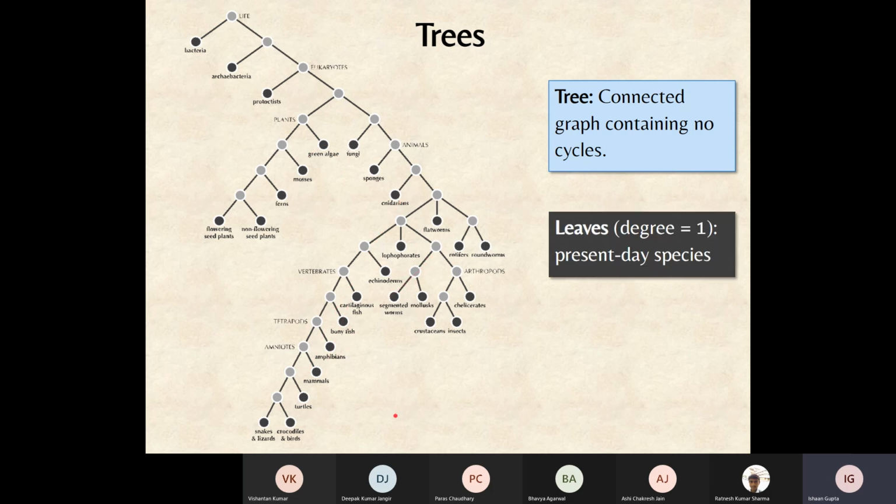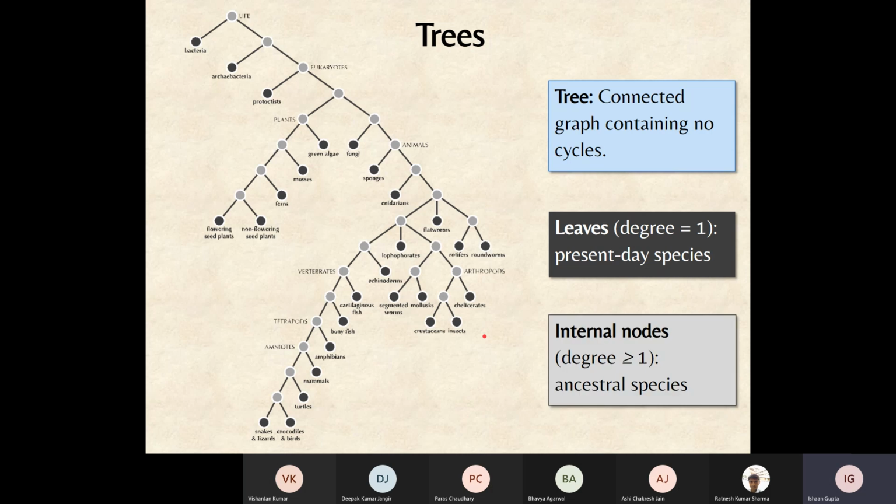The other property that you see is that the organisms that you are currently observing in present day are at the ends of this tree, right? They are called leaves, and they are represented by having degree equal to 1 because they are only connected by the last common ancestor between two species. The other thing that you see is all the internal nodes, which are ancestral species.